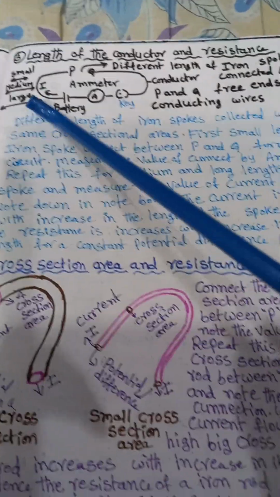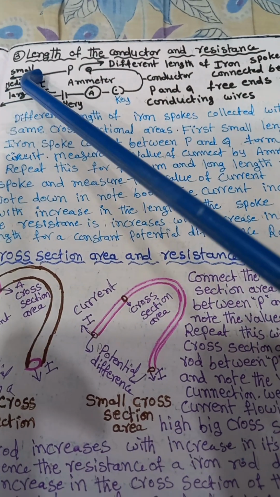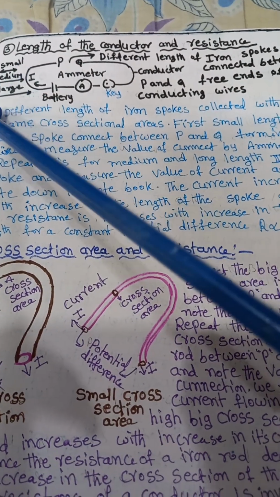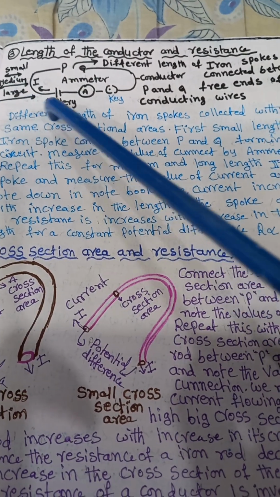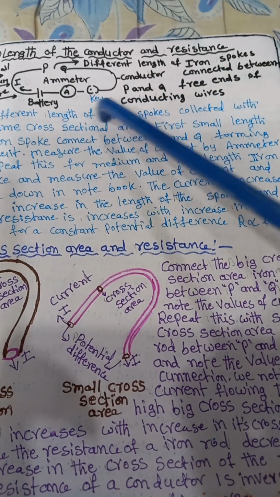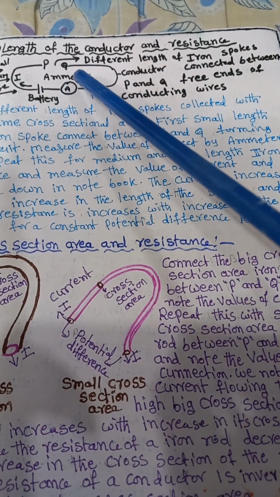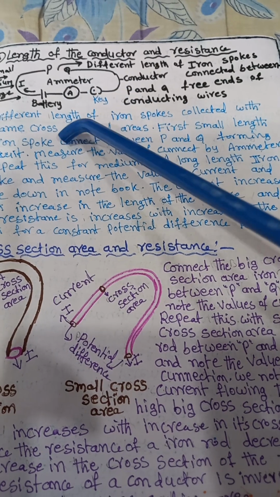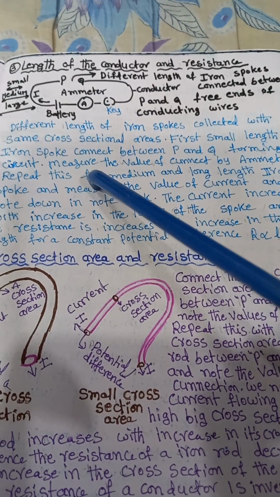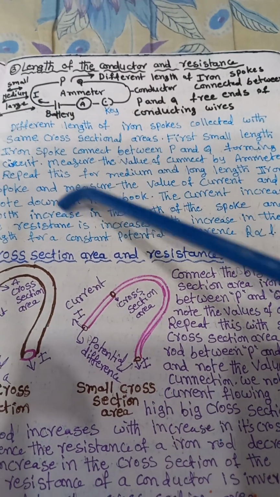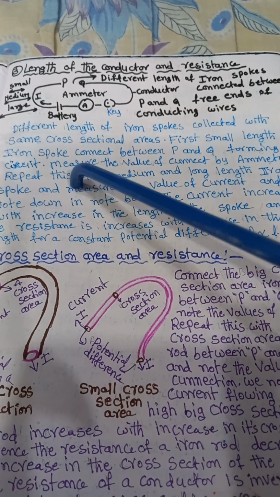One by one, the small size, medium size and large sized iron spokes are kept between P and Q, and we observe the current passed through these conductors and also the resistance values.